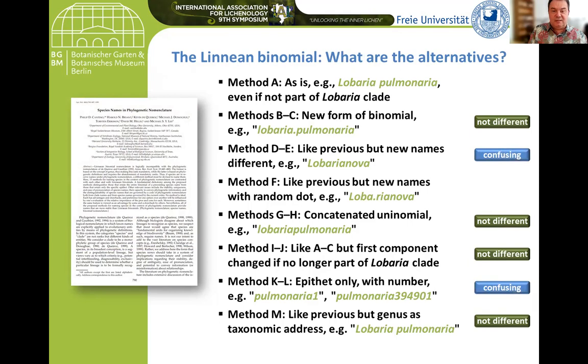There are 2 more that are very likely confusing because they combine 2 different formats into one or use names and numbers. And there are also 2 that are really nonsensical. So if you think that these people, who are top-level taxonomists, have not been able to come up with a better alternative, we really have to accept that the Linnaean binomial is the best we can have for alpha taxonomy.